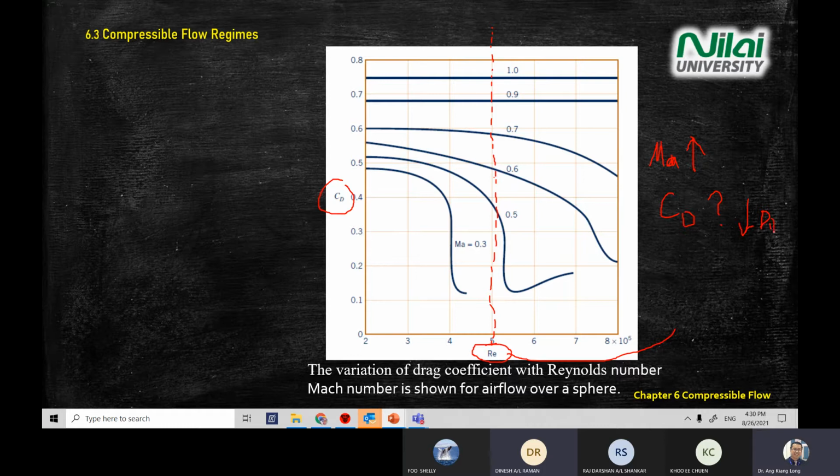This is Dinesh's answer. Dinesh, why is your answer decreasing? Can you tell me why? Because the lines are getting down. The curves.